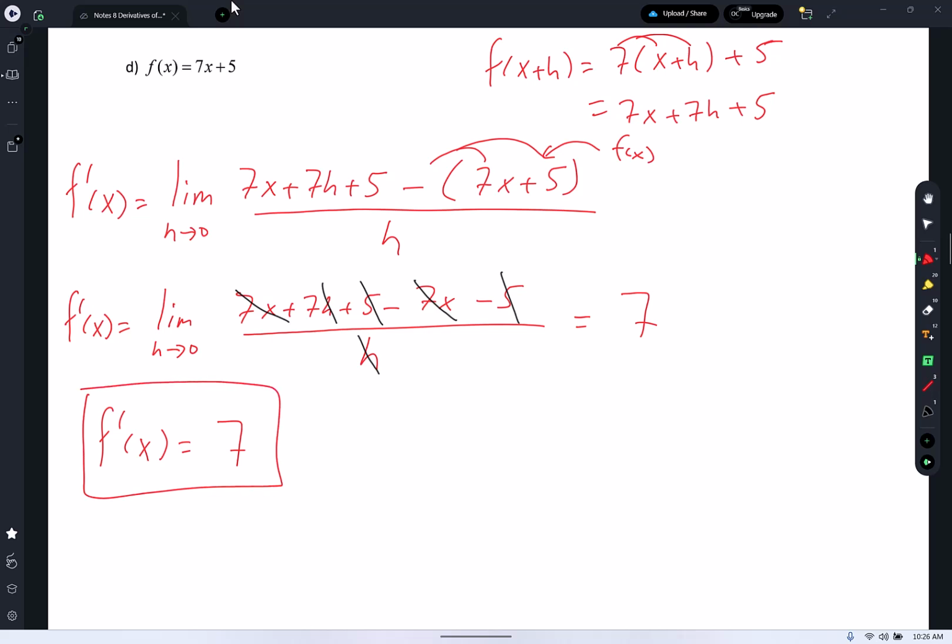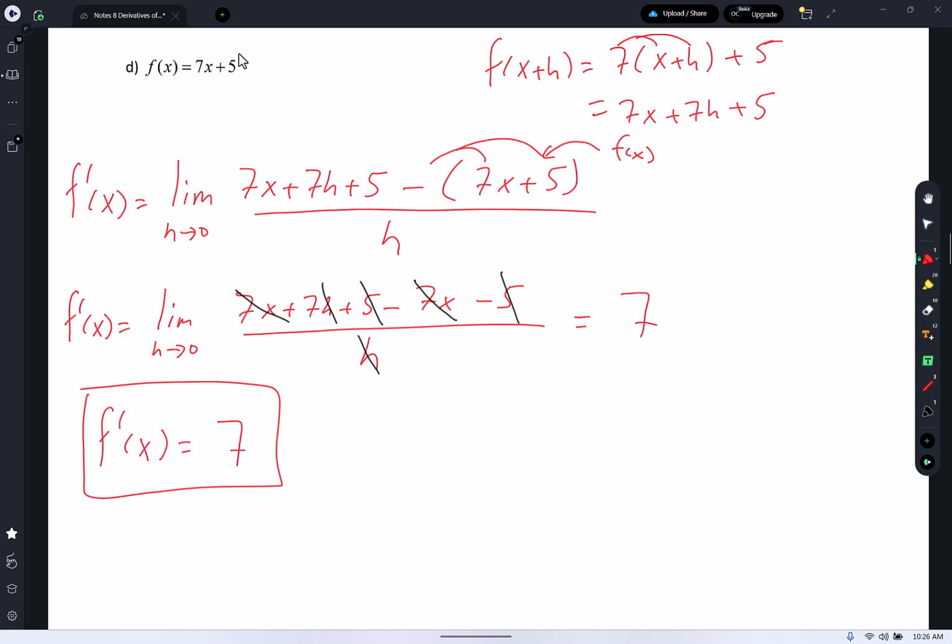Okay, let's see if we're really learning. Are you surprised that we got a 7 from that function? Think about it, guys. Don't be a robot. Are you surprised? Remember what the derivative means. It means tangent slope or instantaneous rate of change.